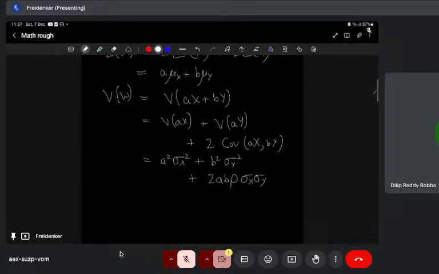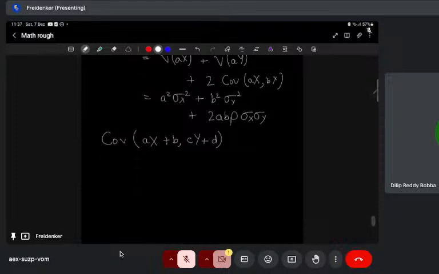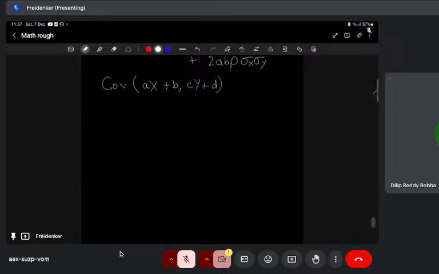Fine. If you have a covariance of, let's say, ax plus b and cy plus d, some expression like this, how do I open this?